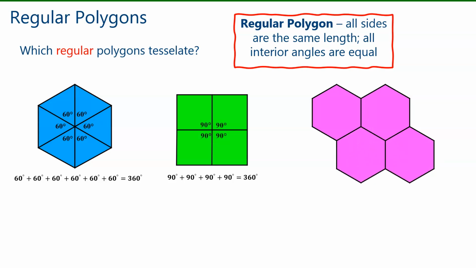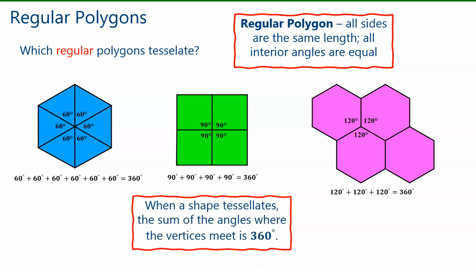If we look at a vertex where 3 of the hexagons meet, and we just said that each angle is 120 degrees, we see once again that the 3 angles where the vertices meet add up to 360 degrees. Based on these 3 examples, we can conclude that when a shape tessellates, the sum of the angles where the vertices meet is 360 degrees.